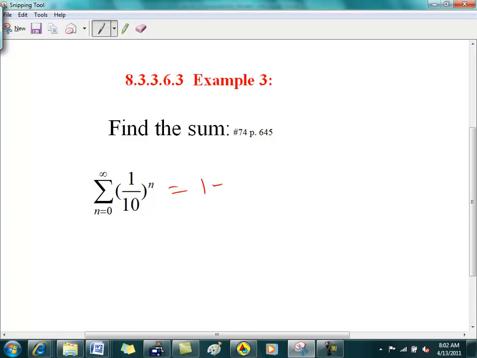When you put n equals 1, what do you get? 1/10. When you put n equals 2, 1/100. Everybody see that? Now you can see the sequence. What's A1 equal to? 1. What's R equal to? 1/10. And then you plug into this formula.